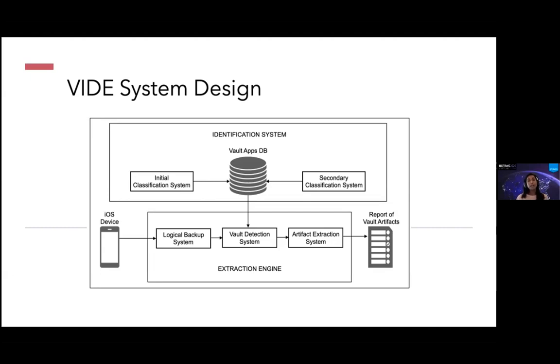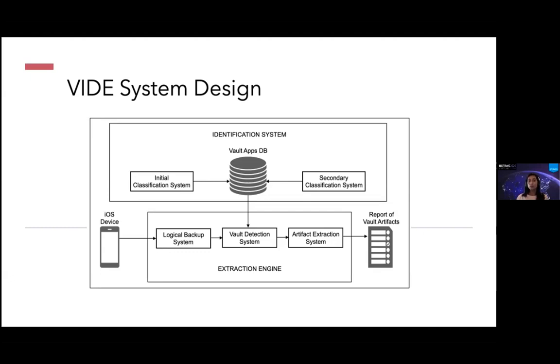Further, we did what is called a secondary classification, that is, accurately identifying, of those collected vault apps from the App Store, which ones could be true vault applications. And then in the later stage, we built the extraction engine.